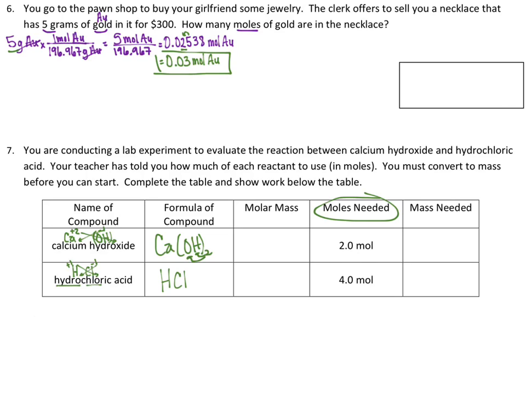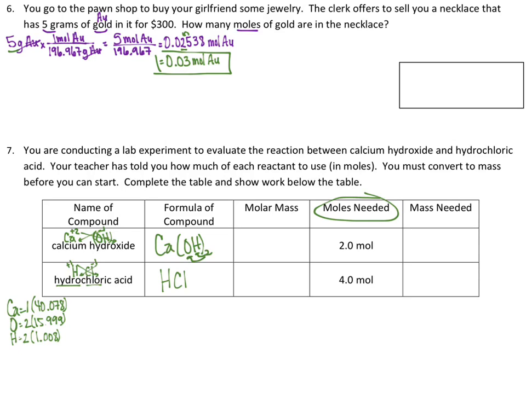Okay, so I have calcium, I have 1. Oxygens, I have 2. Hydrogens, I have 2. Calcium's mass is 40.078. Oxygen, 15.999. And hydrogen is 1.008.